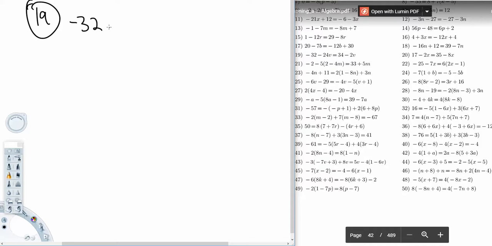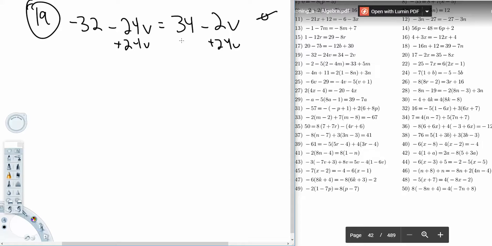And an understanding. Minus 32 minus 24v equals 24 minus 2v. Let's see what's the dealio. So let's get all these v's on this side. So here it's minus 24 plus 24v plus 24v.